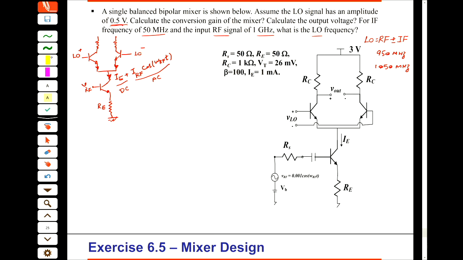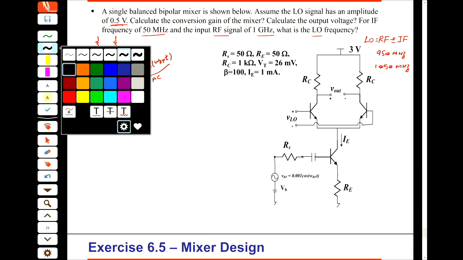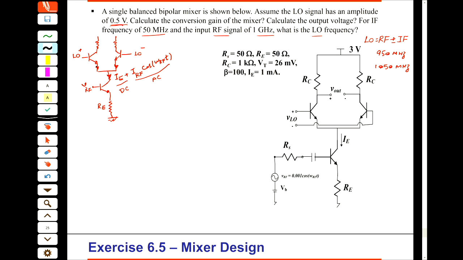I mean, this one is IE plus IRF cosine omega t, divided by 2. Okay.